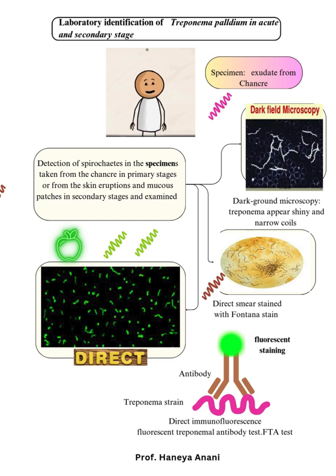Treponema appear shiny in narrow coils. Direct smear stained with Fontana stain. Direct immunofluorescence test by detection of antibodies that react with virulent Treponema strains. This test is highly specific and is called the fluorescent treponemal antibody test.